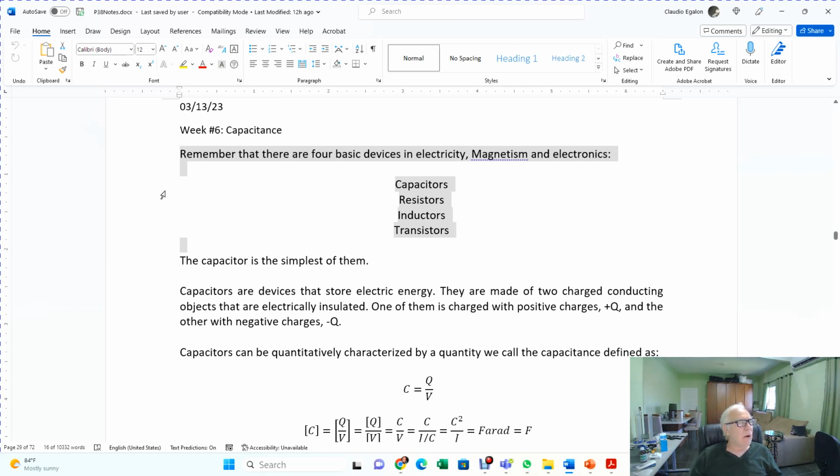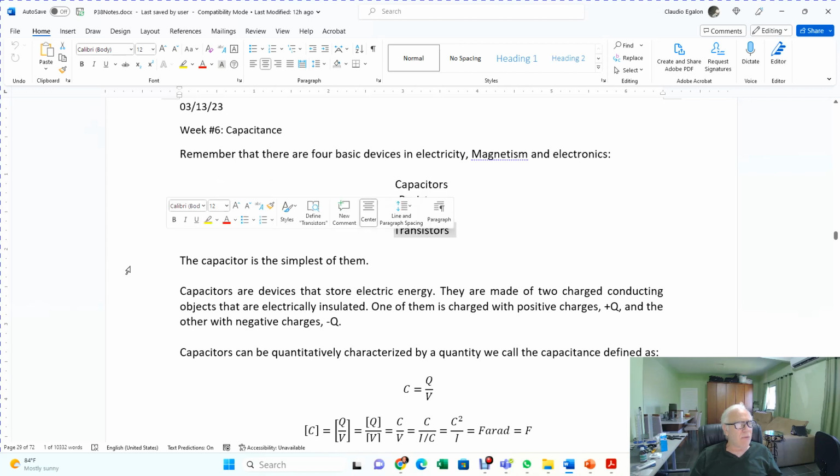And then there are 3 other devices: we're going to study resistors, we're going to study inductors. And the 4th device, a recent invention, is the transistor. We are not going to cover transistors in this course, but we are going to cover the other 3 devices. So that's why we study capacitors and capacitance, because it's one of the 4 basic devices in electricity, magnetism, and electronics.